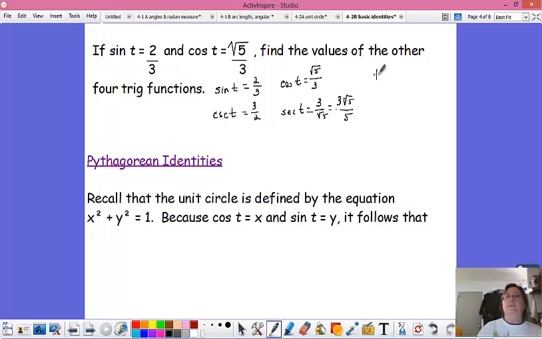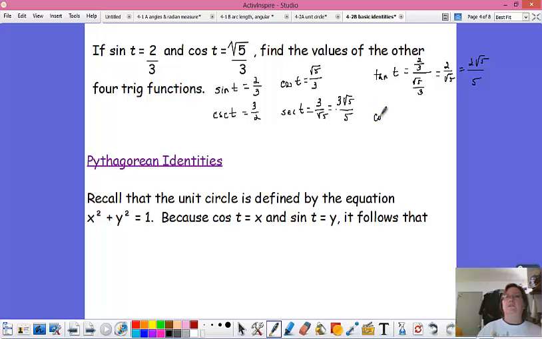Now the tangent, y'all, we just said on the other page that tangent is y over x or sine over cosine. So I'm going to use sine over cosine and say that it's 2/3 divided by root 5/3. Simplifying, the 3's go away, and we're looking at 2 over root 5, which simplifies to 2 root 5 over 5.